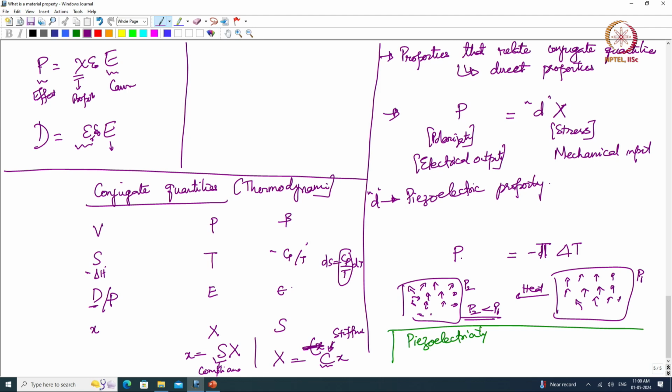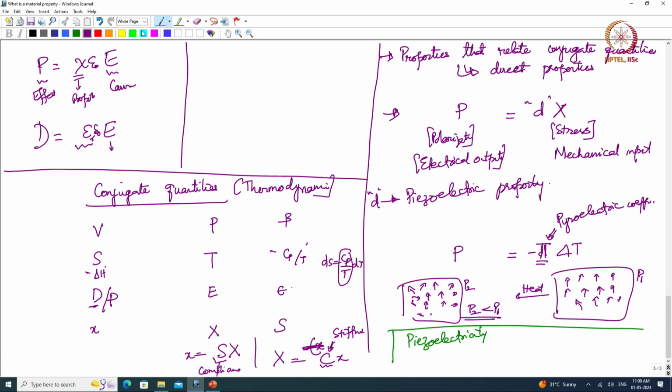How much I change depends on a coefficient called the pyroelectric coefficient, right. Here I am just applying temperature, it is thermal. What I am changing is an electrical property: I am changing the number of charges, the polarization charges, just by heating up the material, right.